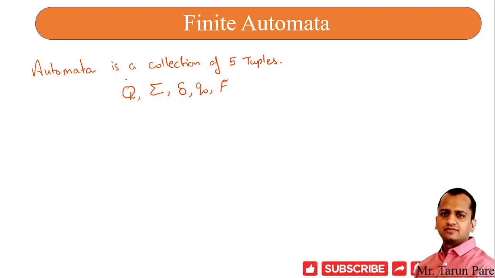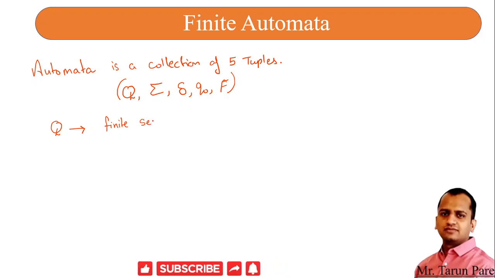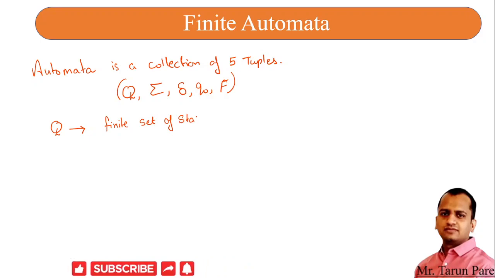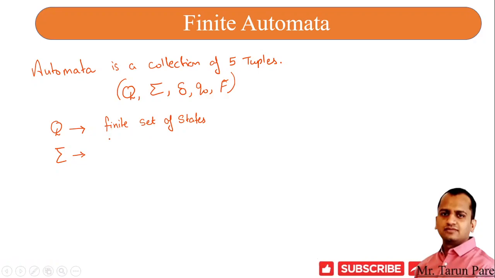Okay, so what do these tuples signify? See, if we talk about Q, then Q is a finite set of states. Okay, then what is sigma? As I told you in the first video session, sigma represents the alphabet which contains the symbols.